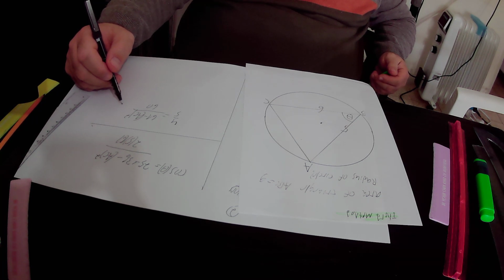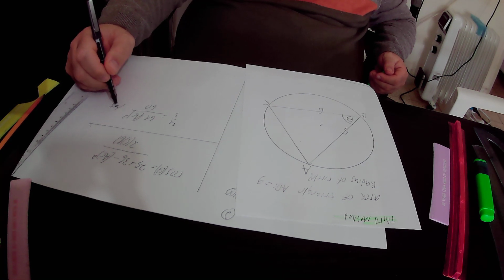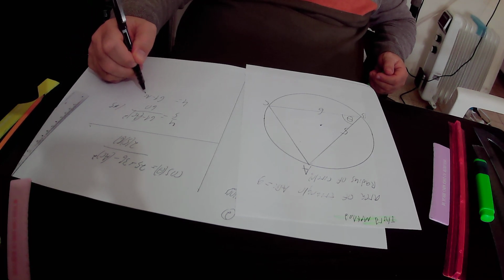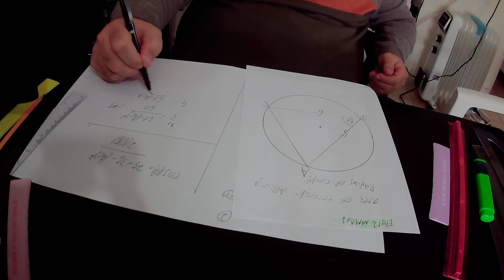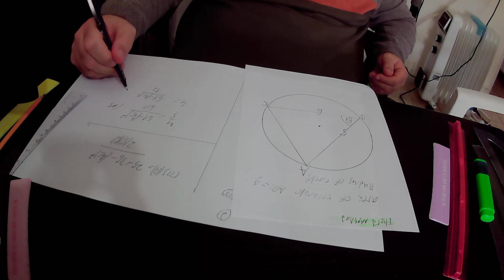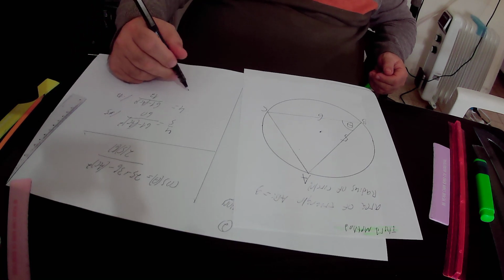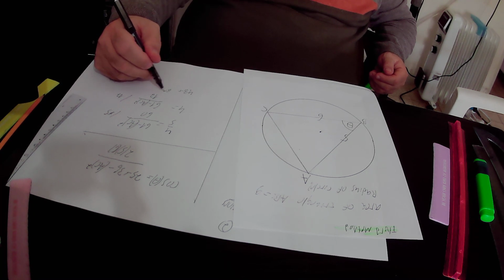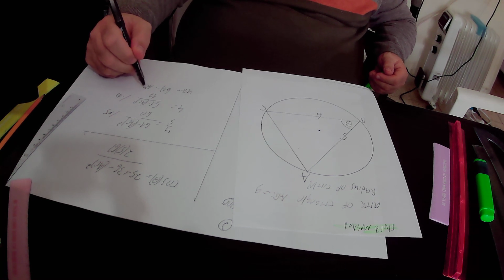Here we multiply this equation by 5 and we get that 4 equals 61 minus AC squared over 12, since 60 over 5 is 12. Here we multiply this equation by 12. 12 times 4 is 48 equals 61 minus AC squared.